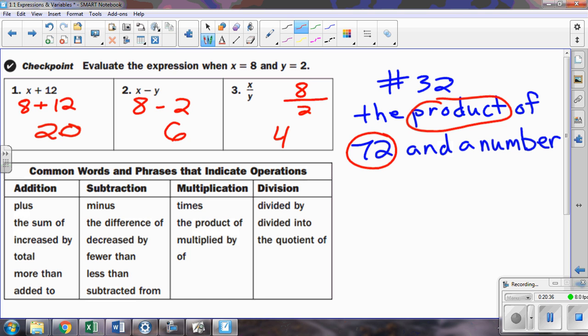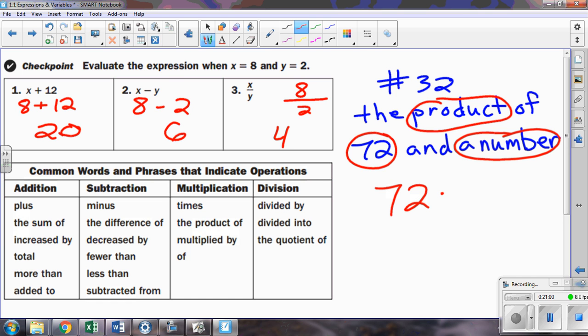72 multiplied by a number. So what number? 72 times 10, 72 times 50, 72 times 5, 72 times what? We don't know what number. They didn't tell us to take 72 times 3, they just said a number.